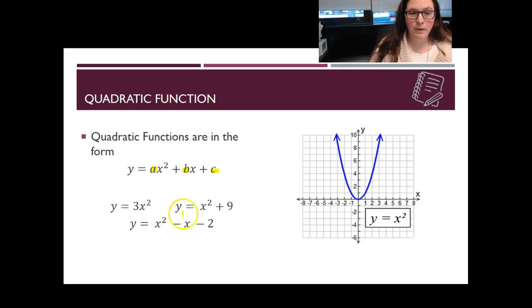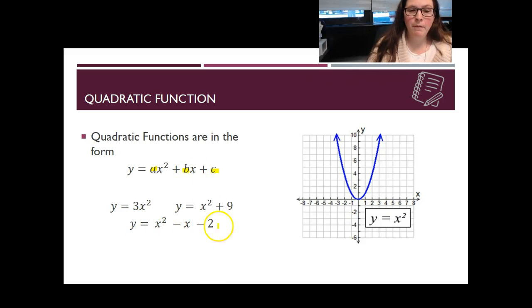The next one, we can see again y equals ax squared. As soon as we see that x squared, we know it's a quadratic, plus 9. In this example, the b is a 0, and with the b being a 0, that means that we don't write either the b or the x, because 0 times x is 0.